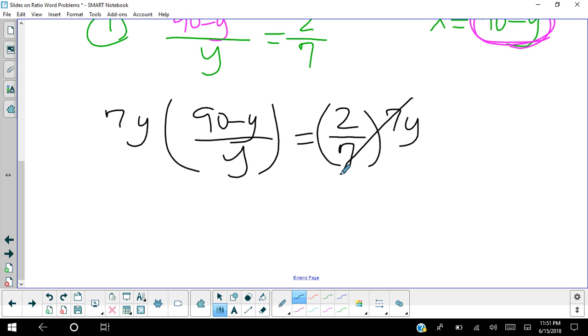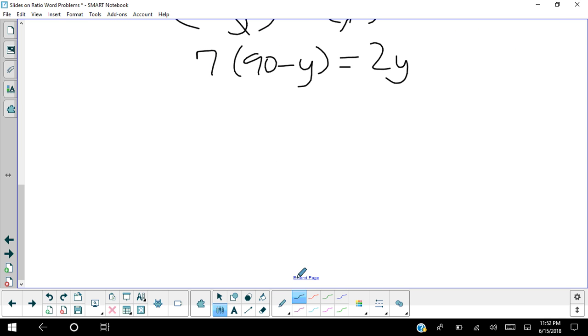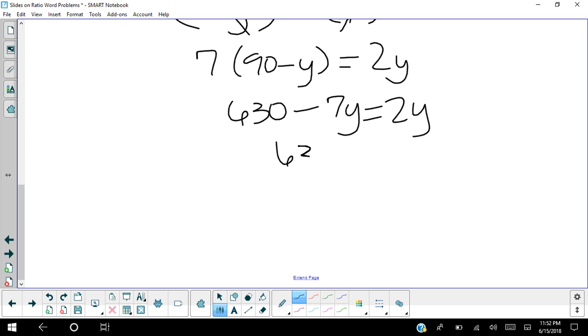So the 7's cancel here and the y's cancel here. So 7 times 90 minus y is equal to 2y. Distributing your 90 times your 7, 9 and 7 is 63. So the fact that it's 90 instead of 9, 630 minus 7y is equal to 2y. Add 7y to both sides. So I get 9y, and 630 divided by 9 is 70.